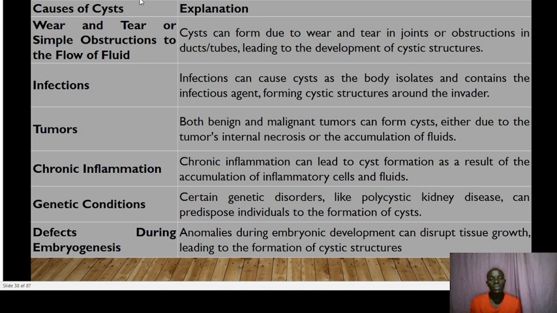Both benign and malignant tumors can form cysts, either due to the tumor's internal necrosis or accumulation of fluid. We also have chronic inflammation, genetic conditions, and defects during embryogenesis. Anomalies during embryonic development can disrupt tissue growth, leading to the formation of cystic structures. Okay? All right, guys.